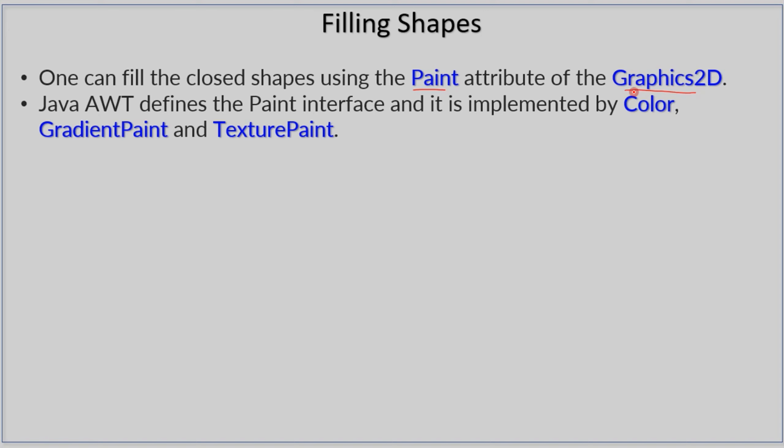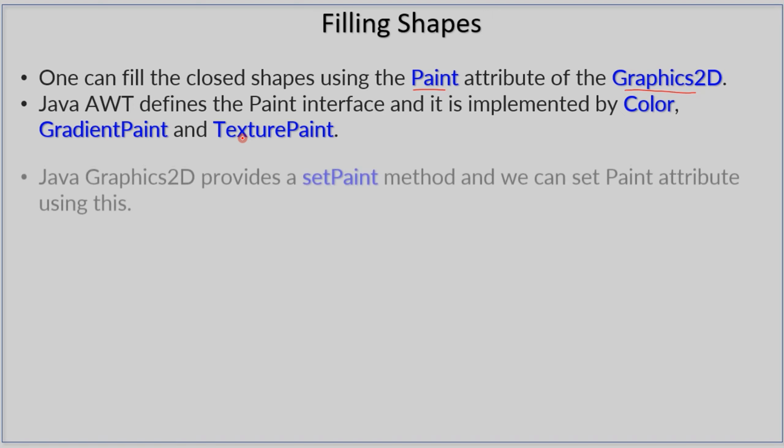The Graphics2D will make use of the Paint interface implementing class, Color or GradientPaint or TexturePaint, to perform painting on the closed region, or we can simply say to perform painting of the shapes.